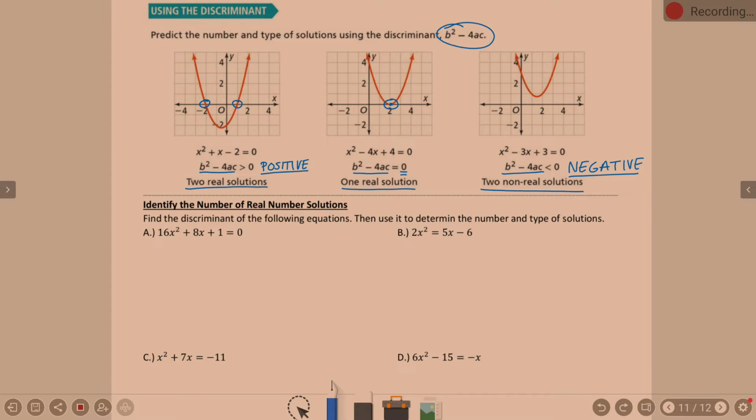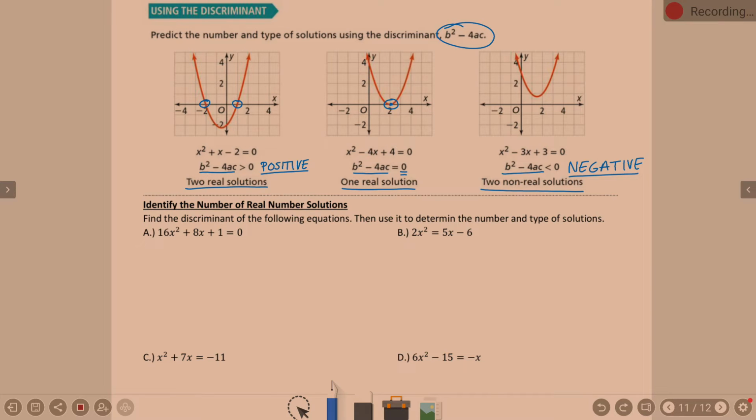And this is the case because where does my parabola touch my x-axis here? Nowhere. So when your parabola is either all above your x-axis or all below your x-axis, you're going to have imaginary solutions. We had that happen on example B yesterday. Now, we're going to use the discriminant to figure out how many solutions, and what types of solutions, without working through the whole quadratic formula.